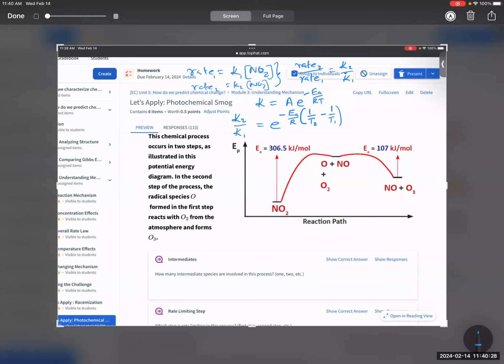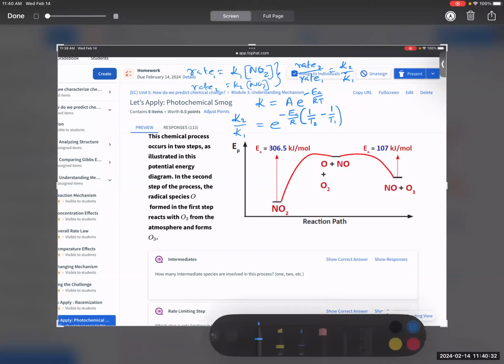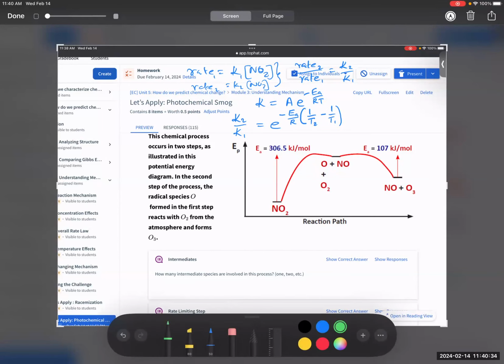Now, we know the activation energy, which is this guy over here. Let me use a different color. And we know T1 is 10 degrees Celsius, meaning 283 Kelvin. Remember, we need to convert this to Kelvin. The temperature needs to be in Kelvin, otherwise our units don't match up.